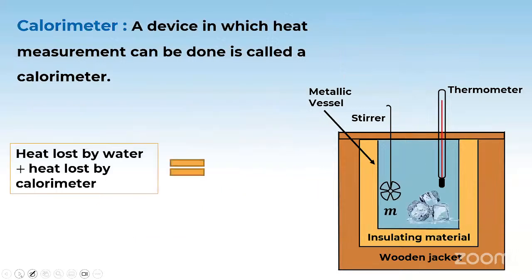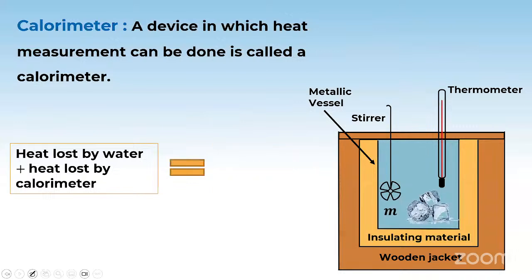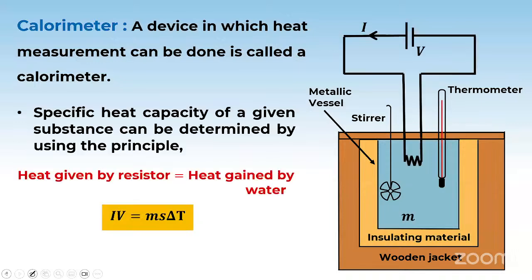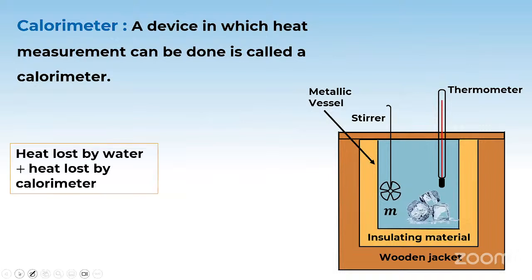Now heat lost by the water plus heat lost by the calorimeter. If I put ice here, in the previous case what did I do? I warmed this water with the help of this resistor, and after that I poured some amount of ice into it. Now this ice would melt because the temperature of the surrounding is higher.